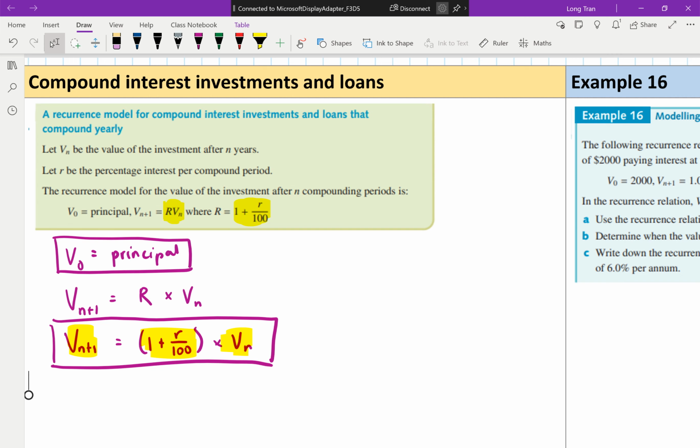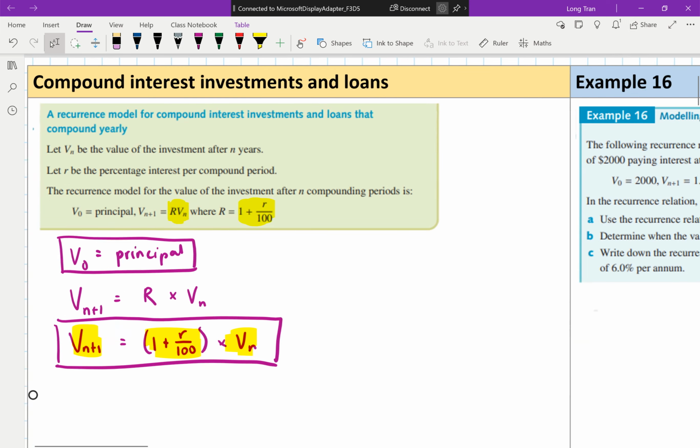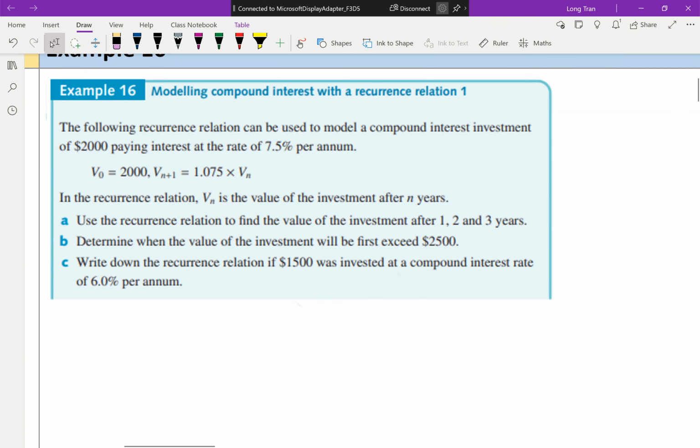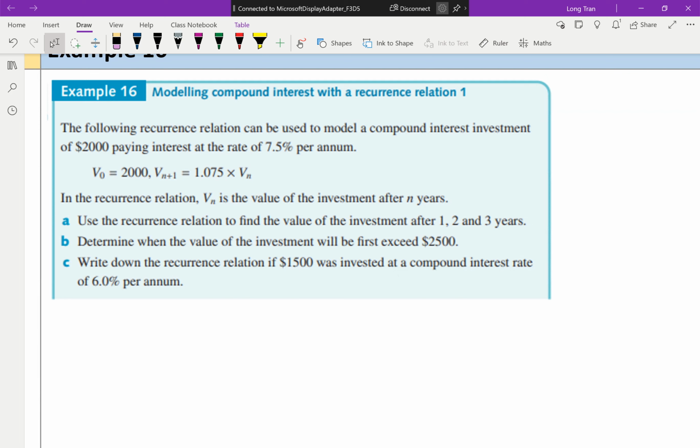Okay? Here we go. Let's have a look at the question. So hopefully you've copied down the rule. If you haven't, I'll refer back to it. This is an example of compound interest modeling. It says the following recurrence relation can be used to model a compound interest investment of $2,000.